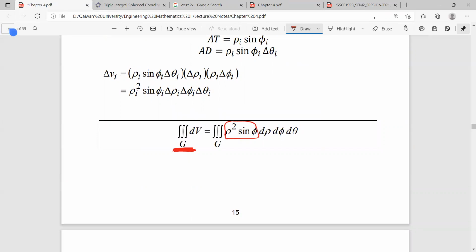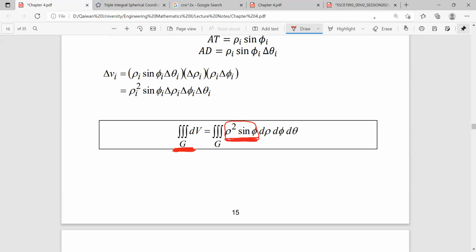If you remember, in cylindrical coordinates, when we changed dx dy to dr d theta, we always said it's r dr d theta. We multiply it by r. But here in spherical coordinates, we multiply it by rho squared sine phi. We always write down rho squared sine phi.